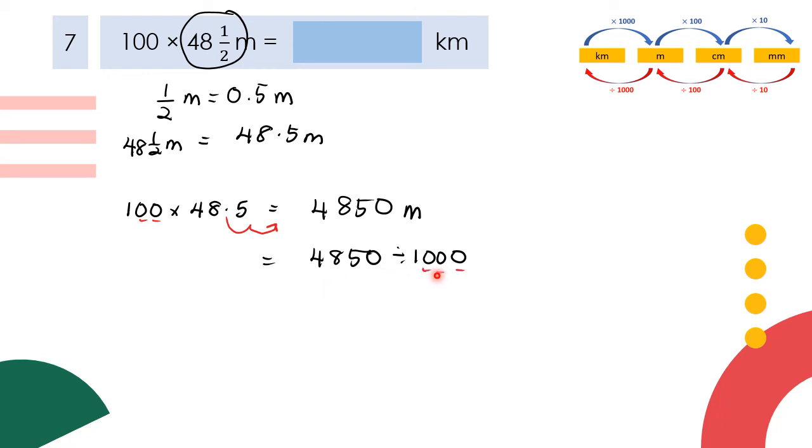We have 3 zeros, so we need to move the decimal point 3 steps to the left. We don't have a decimal point. You put the decimal point at the end of the number. You put here. Now you move the decimal point. So you got the answer 4.850 km, or you can write down like this, 4.85 km.